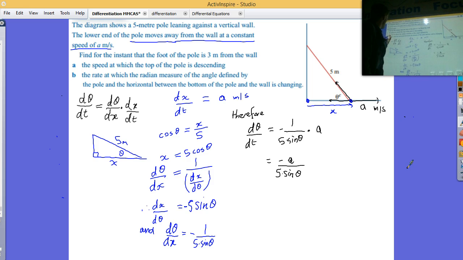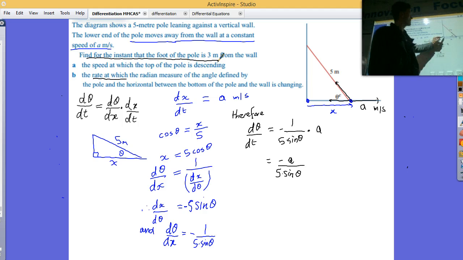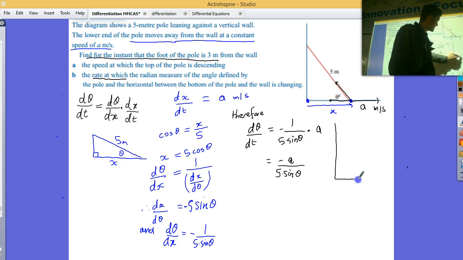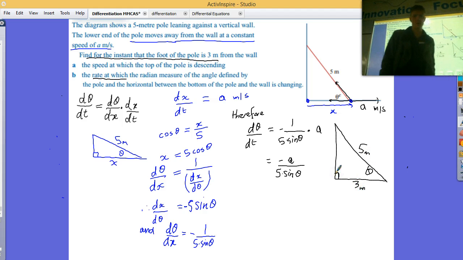I need to find this rate for the instant that the foot of the pole is 3 meters from the wall. 3 meters from the wall is somewhere over here. The situation is where we have some angle theta for a pole that is 5 meters long and it has to be 3 meters away from the wall. What angle do I get?